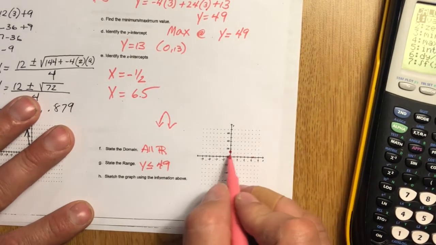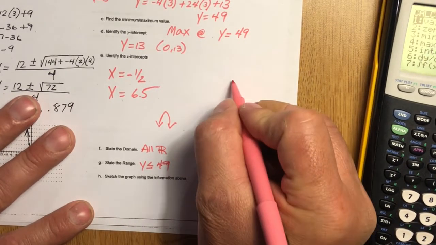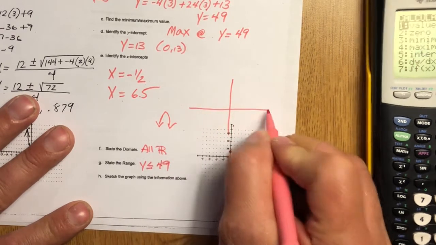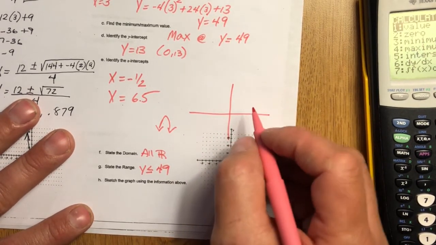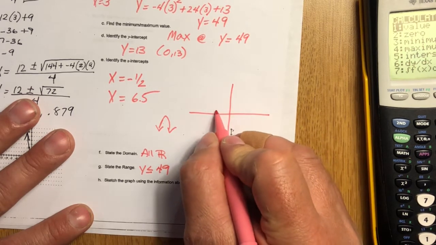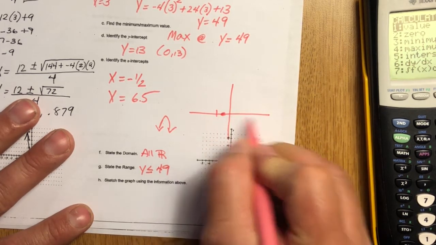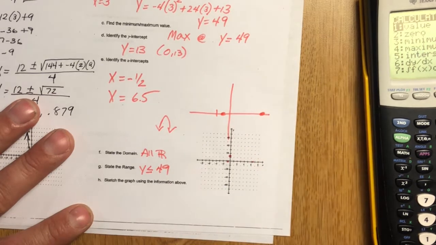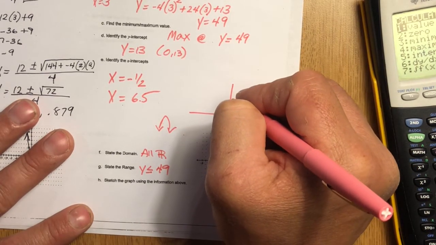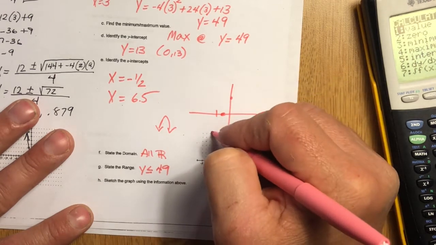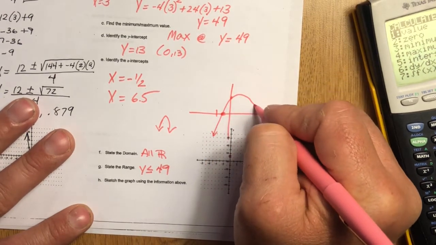I'm just going to sketch it. Those intervals aren't very good, so let's go back over. Let's say this is 1, negative 1/2. We'll say 6.5 is over there. (0, 13), say, is right there. So that graph is going to look something like that.